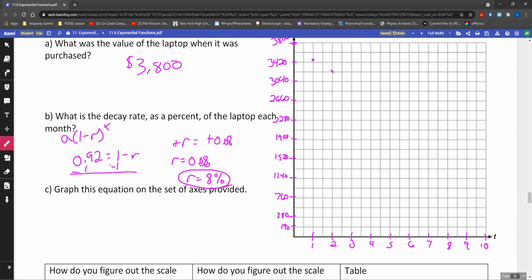Number 3 is going to be 2,959. 4 is 2,722. 5 is 2,504. 6 is 2,304.